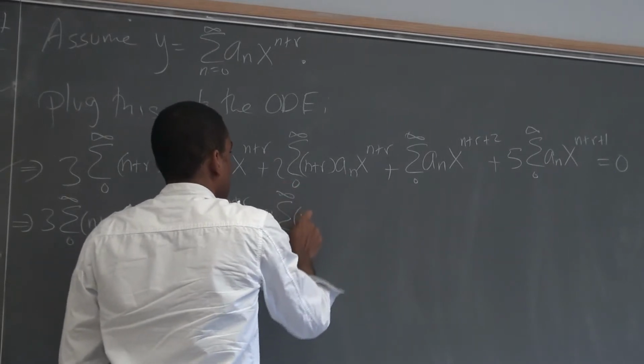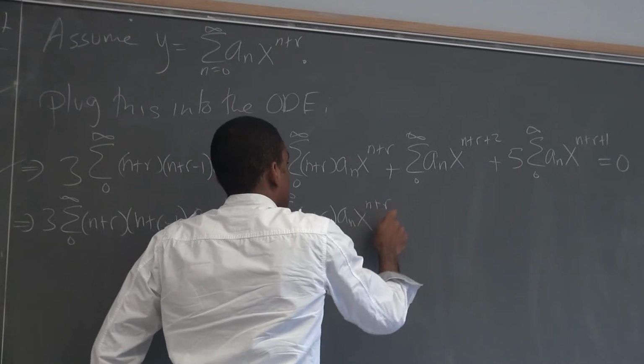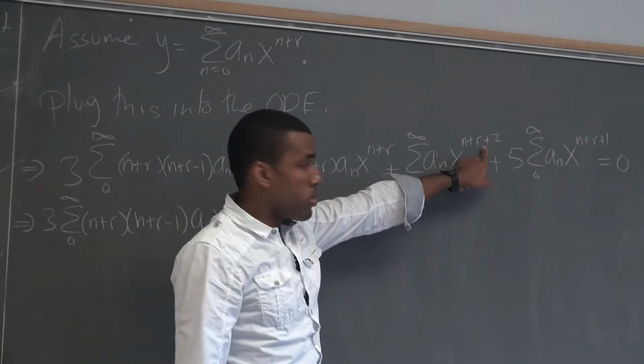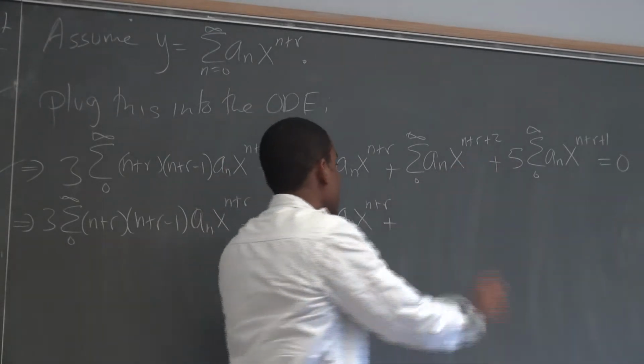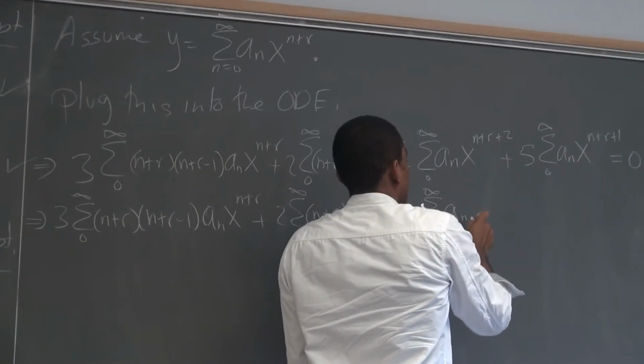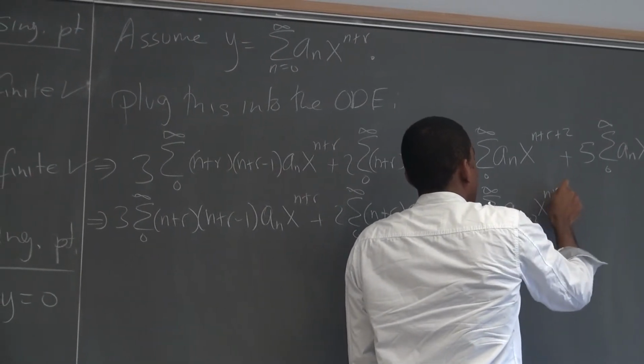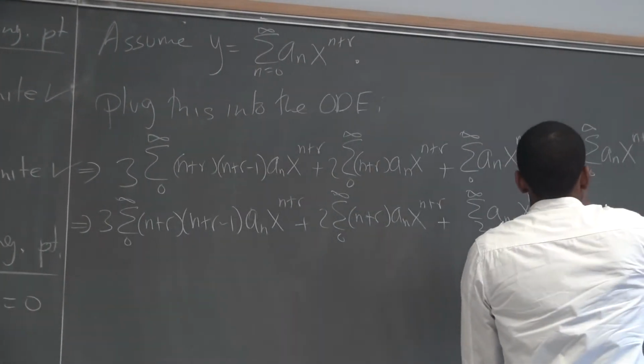First two are okay. This one I have to shift the power, set n to n minus 2, which means this one is going to start from 2, a_(n minus 2) x to the n plus r, plus 5.